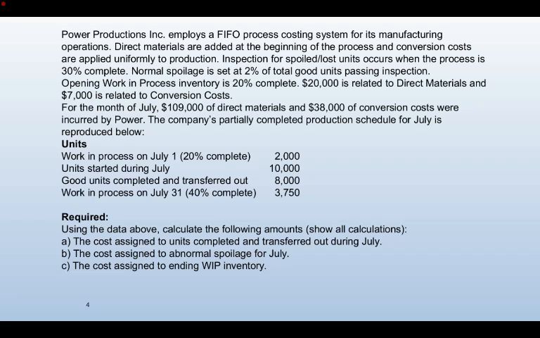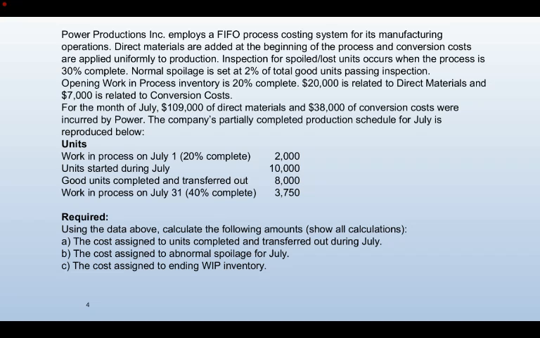They must have been inspected because otherwise they wouldn't have got that far along in the process. I wouldn't have started sanding down something if the holes weren't all in the right place. So it means that these 3,750 are also fully inspected, looking good.